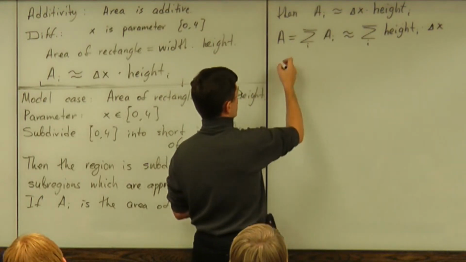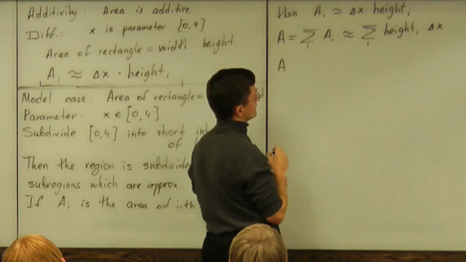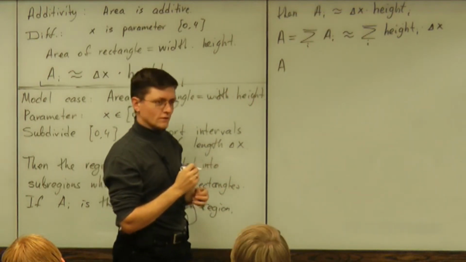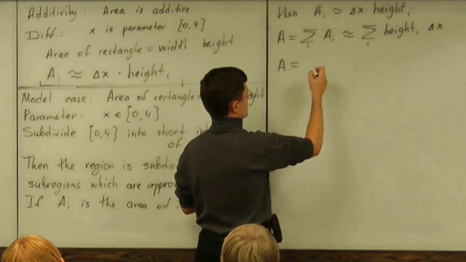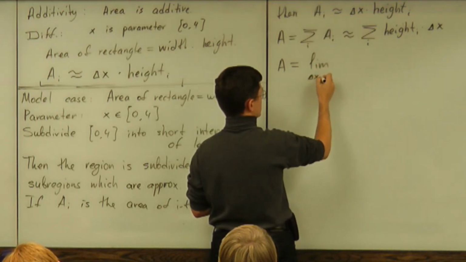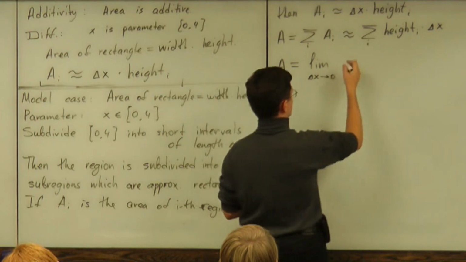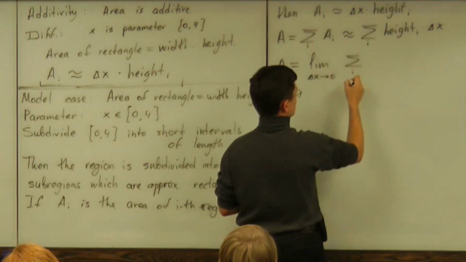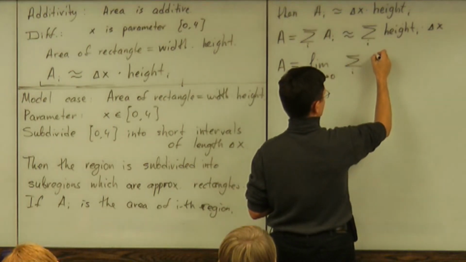And then I claim that the area is going to be the limit as delta x tends to 0 of those sums.